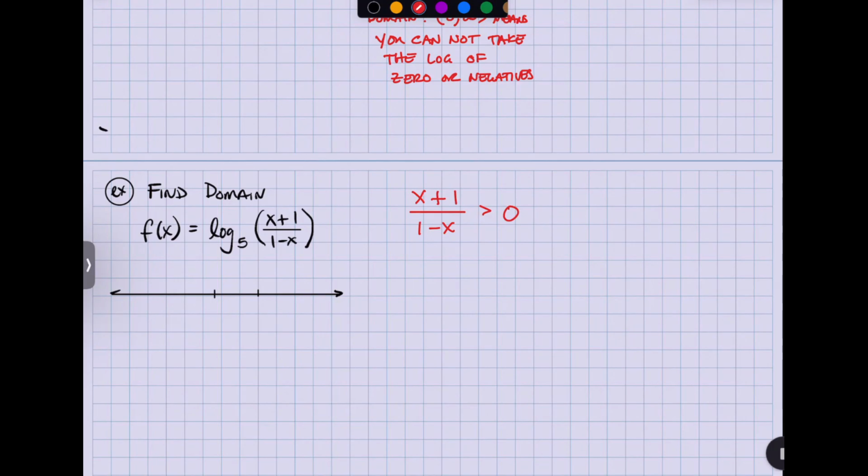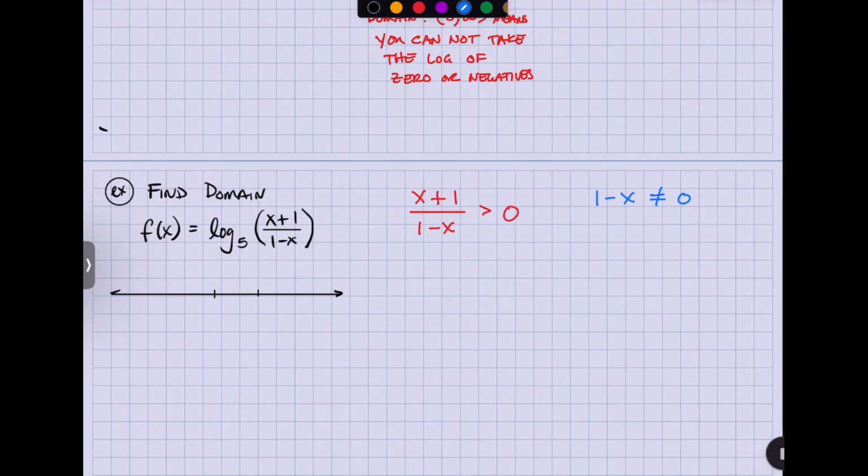So is this true, though? That what's inside here has to be greater than 0. Because I can't take the log of a 0, and I can't take the log of a negative number. So it has to be greater than 0. That's one fact. The second fact is that I know that 1 minus x cannot equal 0. True?